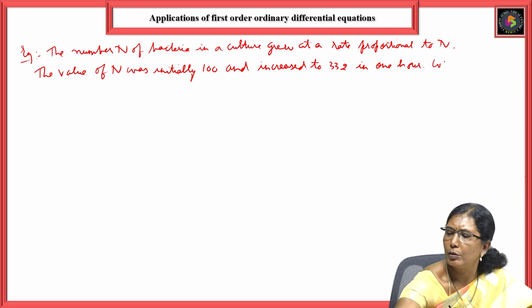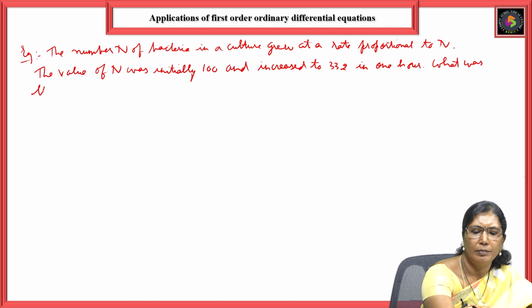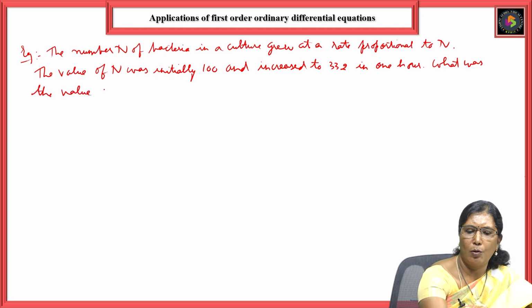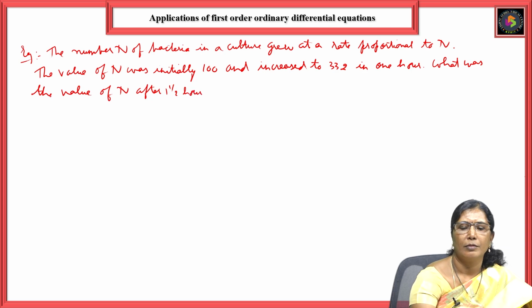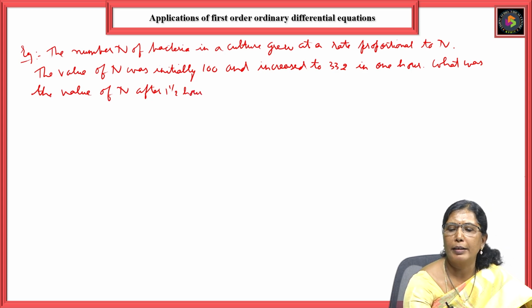What was the value of n after 1.5 hour? The number n of bacteria in a culture grew at a rate proportional to n.